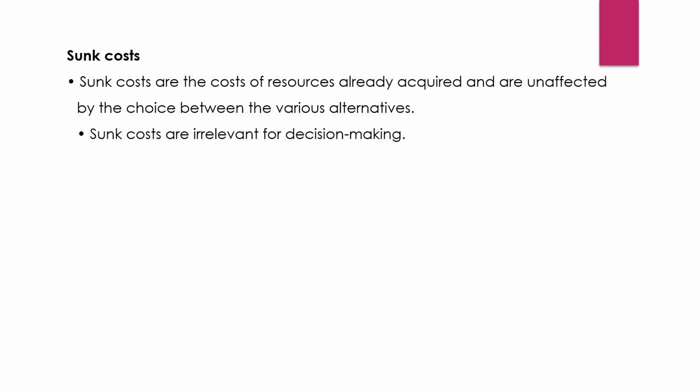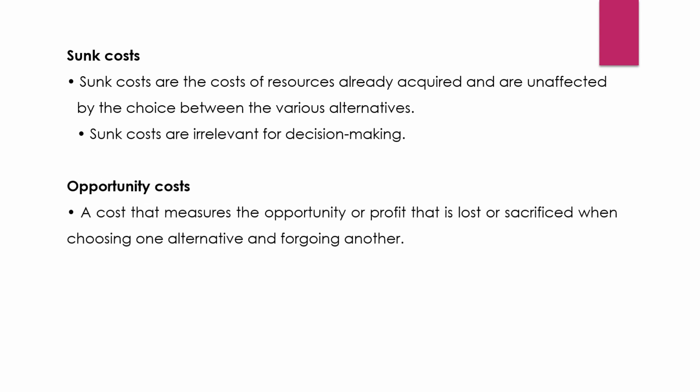Sunk costs are costs of resources already acquired and are unaffected by the choice between various alternatives, such as depreciation, market research. These sunk costs are irrelevant for decision making, since they have already been spent.